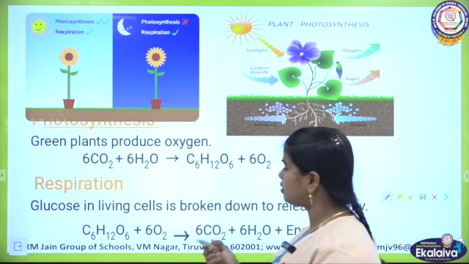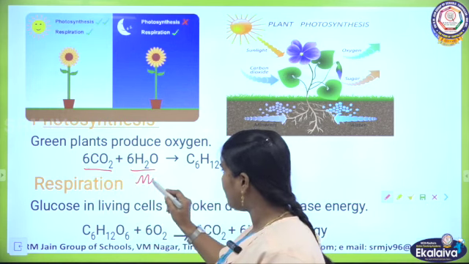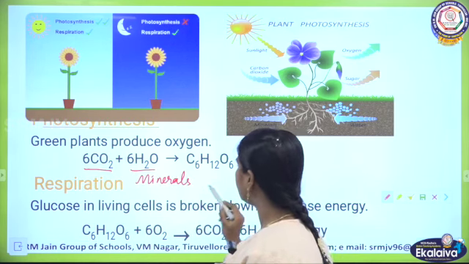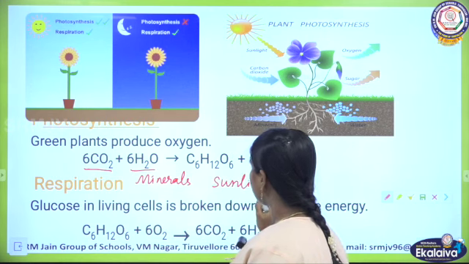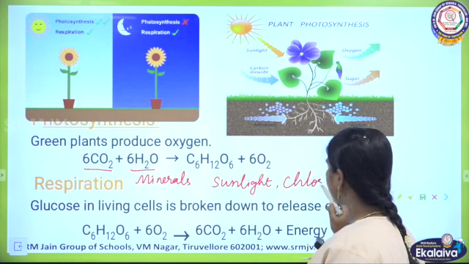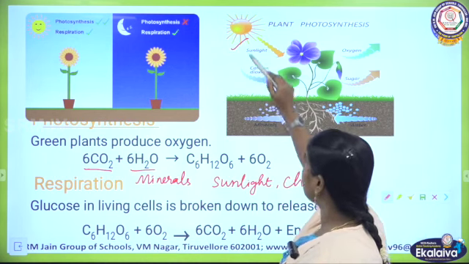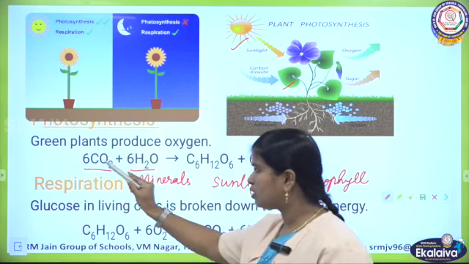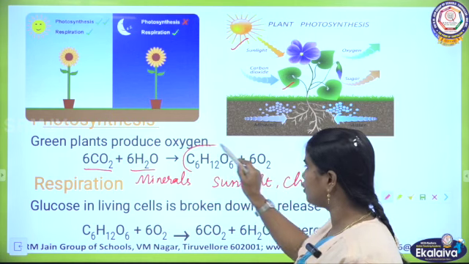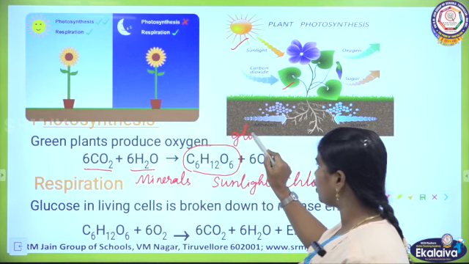So in photosynthesis, as I said earlier, carbon dioxide and water along with some minerals, in the presence of sunlight and chlorophyll, will be used to synthesize a food called glucose, that is C6H12O6, which stands for glucose.